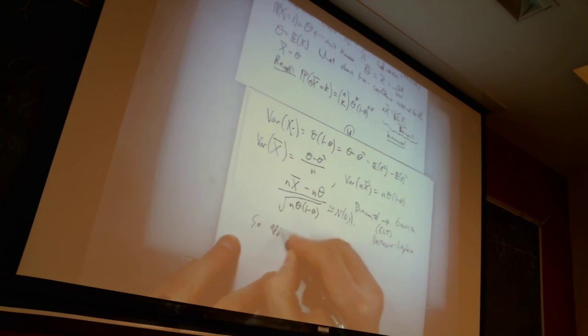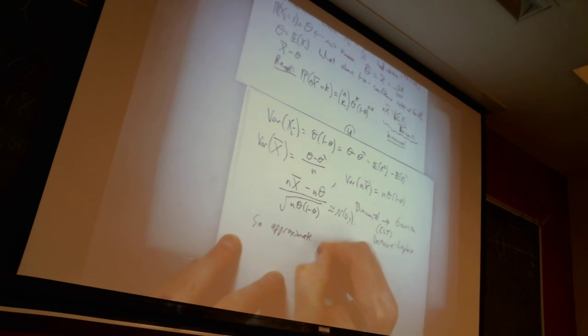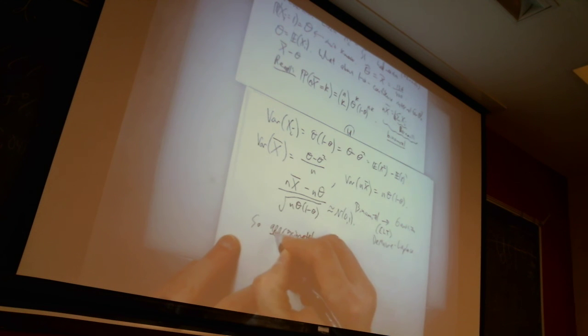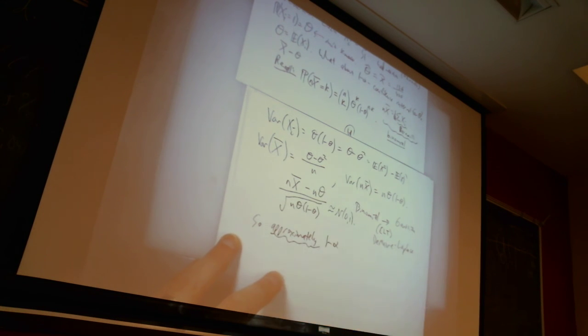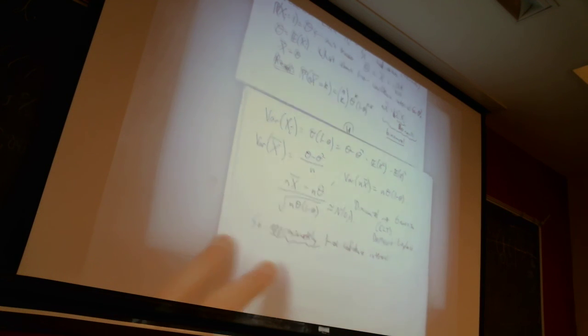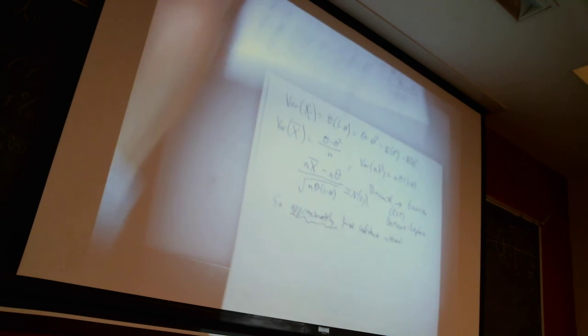So approximately, now we're losing a lot of precision, a 1 minus alpha, say 95%, confidence interval would be, slide this up.